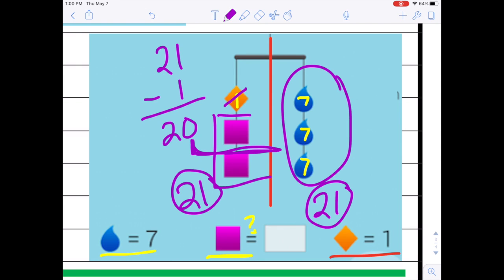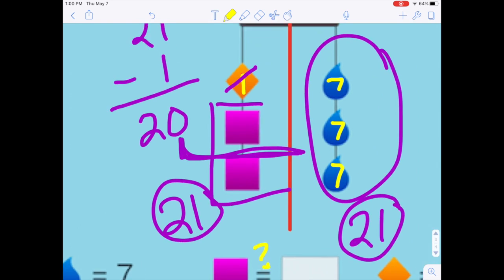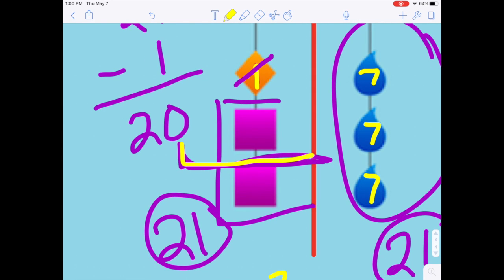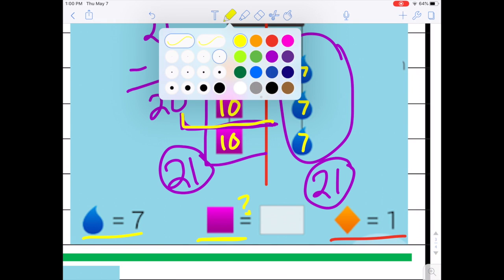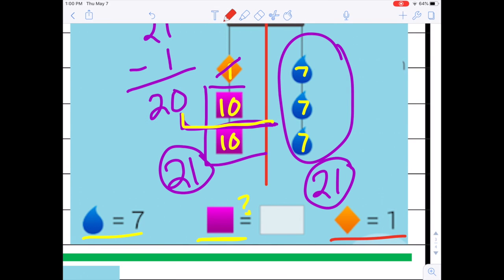So if 2 squares is worth 20, what would one of the squares be worth? What is 20 divided into 2? Each of these is worth 10. So that means the missing value for this purple square is 10.